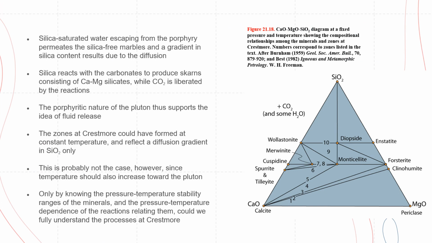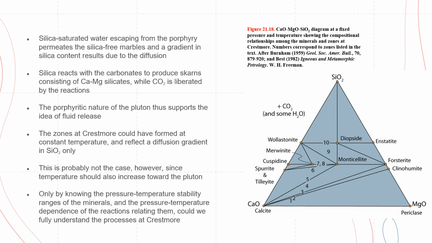Here we have our CaO, MgO, SiO2 diagram at fixed pressure and temperature, showing the compositional relationships among the minerals and zones at Crestmore. These numbers correspond to the zones listed previously in the text, between 1 to 10.